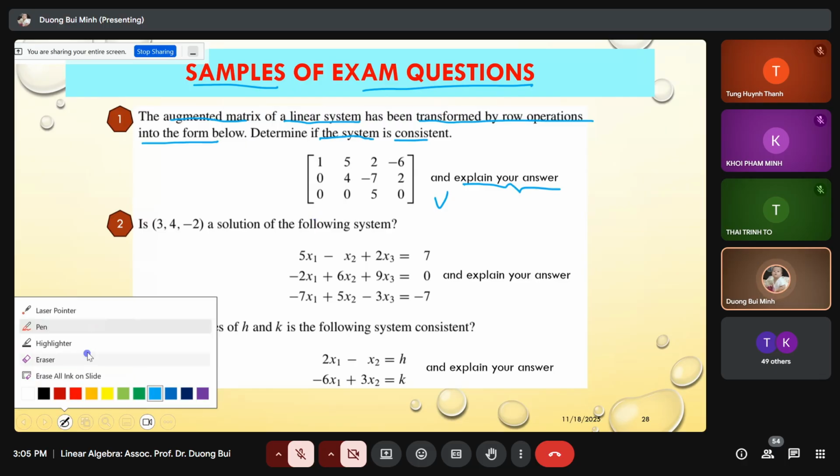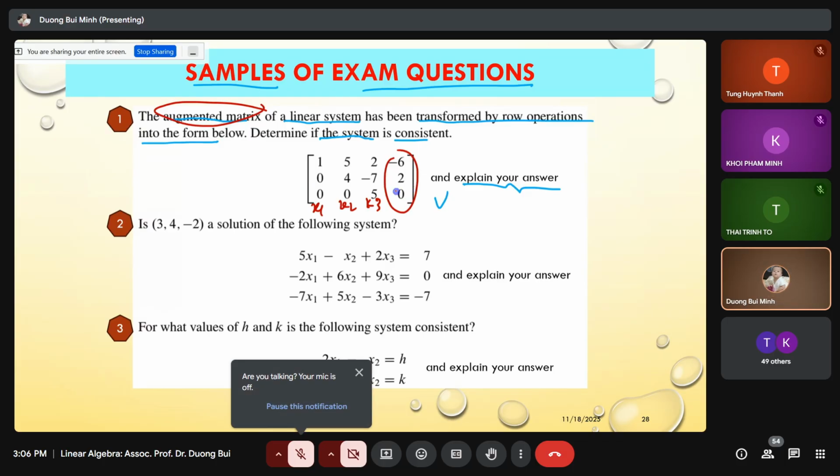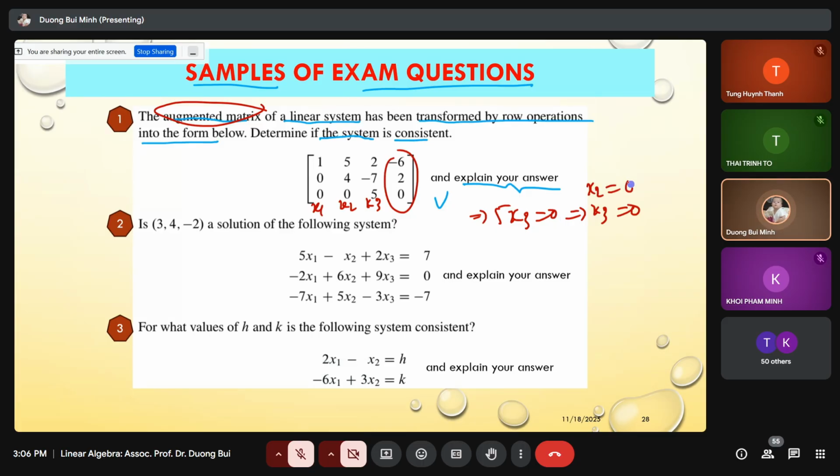Okay, how can we get the answers? Look, here we have x1, x2, and x3. This is a constant term, because the matrix is an augmented matrix. So you can get 5x3 is 0, meaning x3 is 0. If x3 is 0, what is x2? You need to calculate.